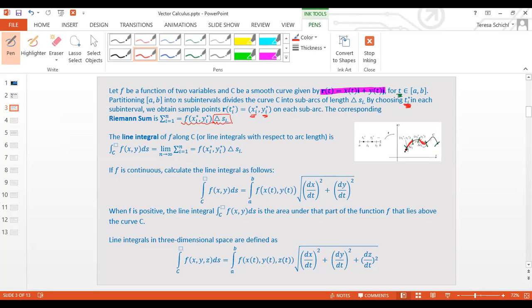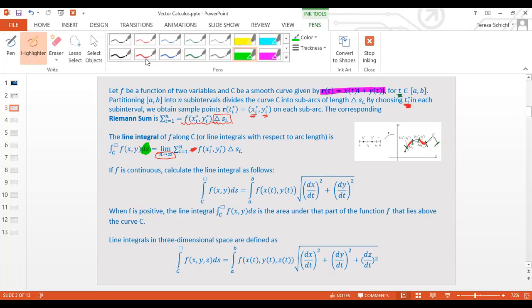Now if you go through the whole line, the Riemann sum is not an equal sign, it's a summation. You add all those together, and it approaches infinity, meaning you cut it into smaller and smaller pieces. That is how we define the line integral. Be very careful about ds here.